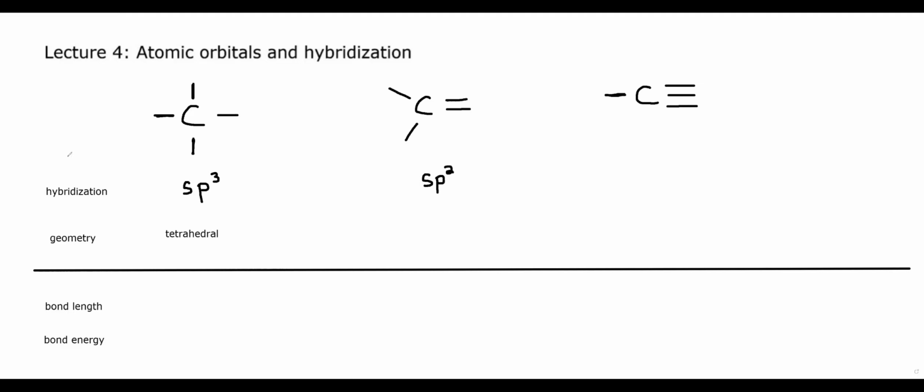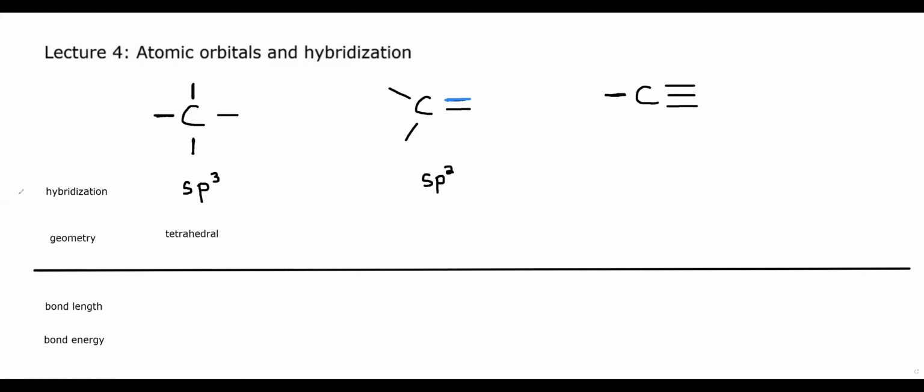So all those bonds in black are sp2, and then this pi bond, the extra bond we have, is the leftover p orbital overlapping with some other p orbital. Okay, so a carbon with a double bond is sp2 hybridized. It has 3 sp2 bonds and 1 pi bond.